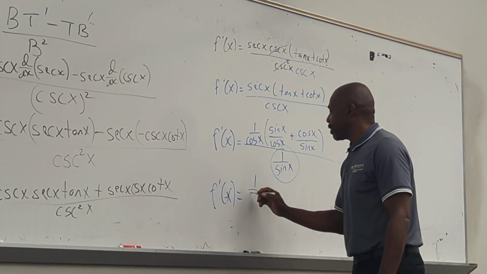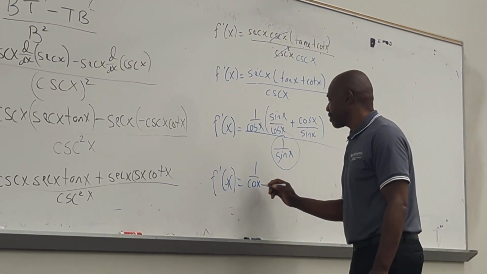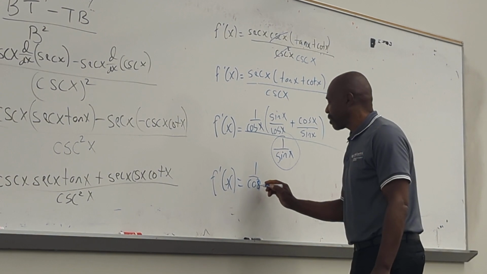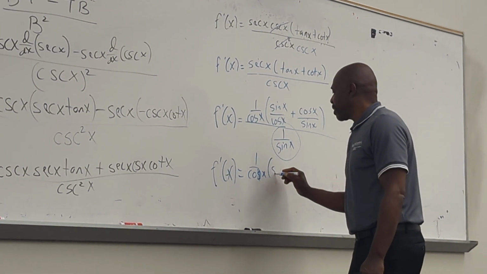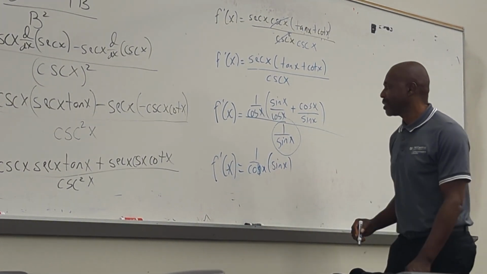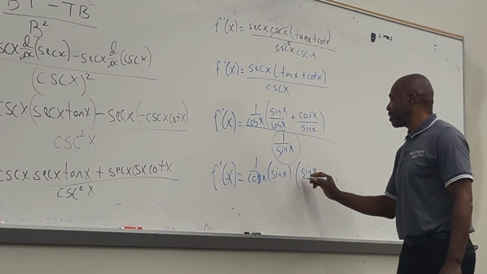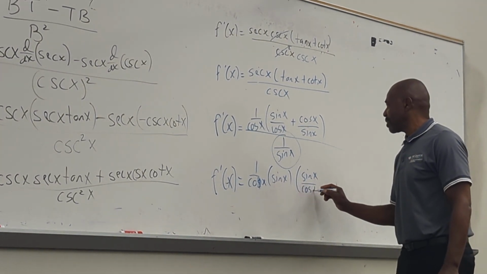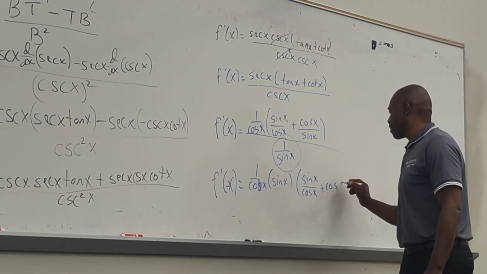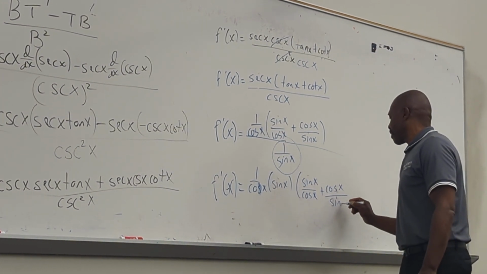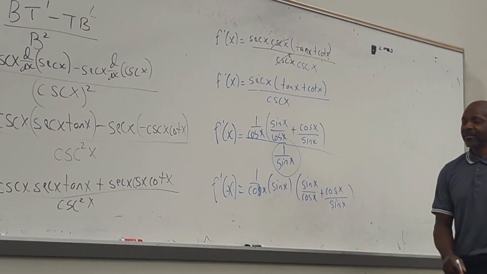So that could be 1 over cosine x. And y'all also have to multiply this by what? Sine x. And that could be sine x over cosine x. Yes, no?